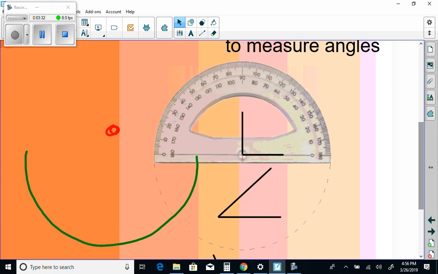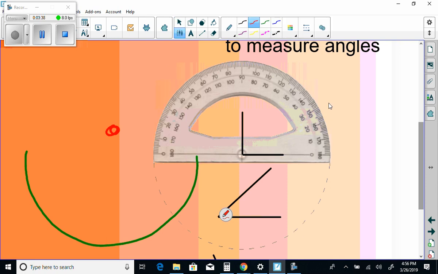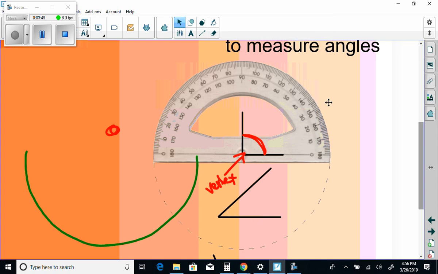This is why you have to know vocabulary. When you do that and look inside the lines, this is the vertex, and the part inside the lines is the part that you are measuring.